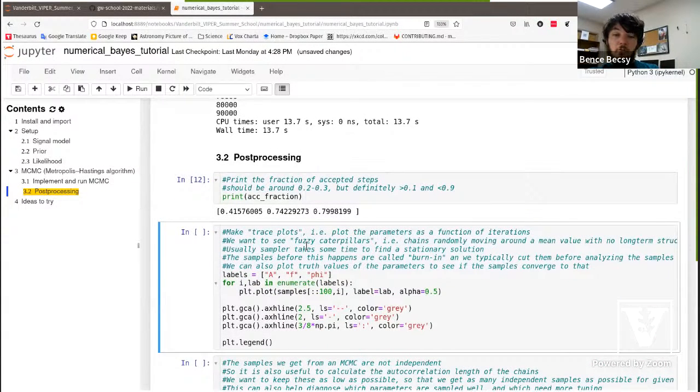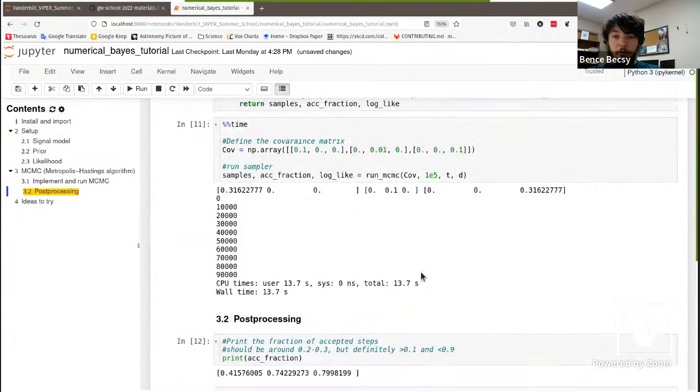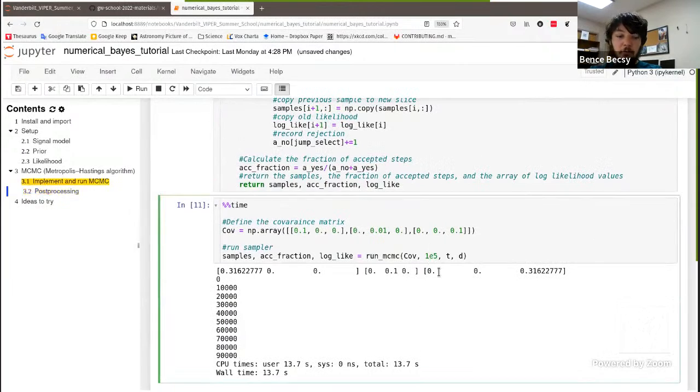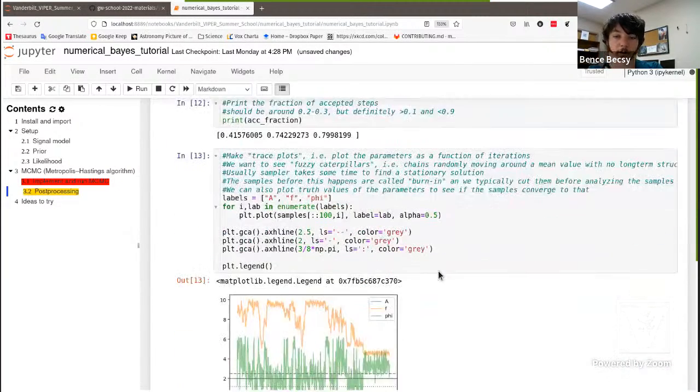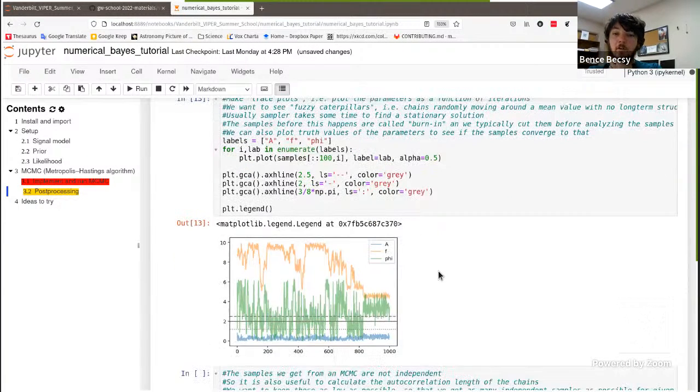Another thing to do as a diagnostic is to do so-called trace plots. So here we are just, oh, this actually looks fairly bad. Maybe I should do a longer run. Let's just do one as I talk. What you see here is that these horizontal lines plotted here are the injected parameter values.